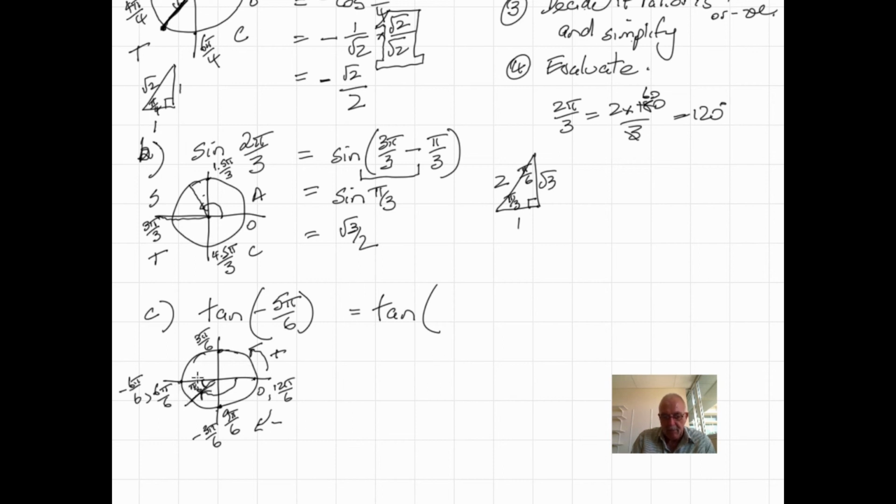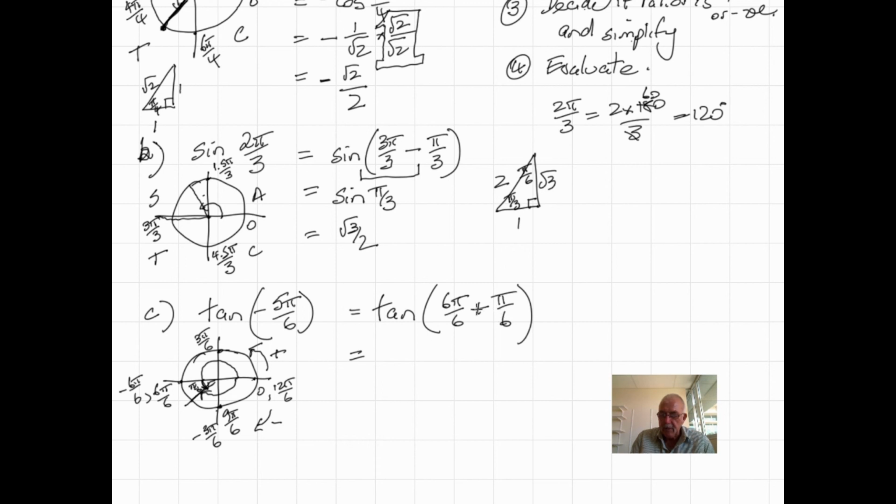So to go all the way around there, it'll be tan of 6 pi on 6 plus pi on 6. That will get us 7 pi on 6, like going from there all the way around to there. 6 pi on 6 plus another pi on 6. Okay, so we've got that. Now we've got it working off the x-axis.